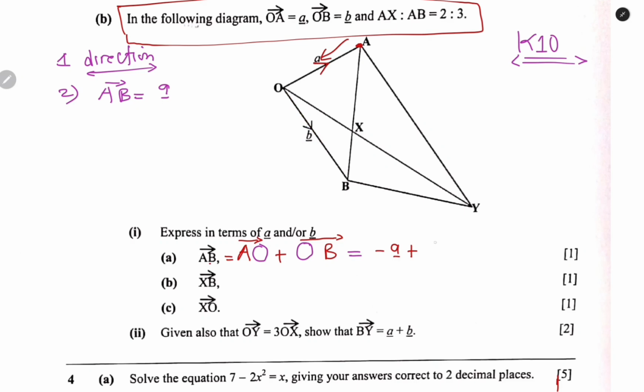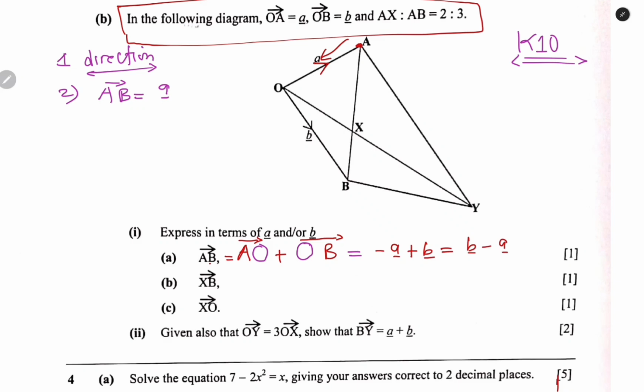So you're going to have a positive one, the way it is. So plus B. Now in vectors, you start with a positive, then you end with a negative. So it's going to be B minus A. So this is AB.